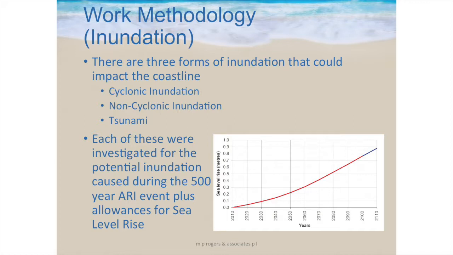But when we consider tsunamis, the work that we've seen really indicates that tsunamis and their impact on Geraldton are beyond the 500-year average recurrence interval event and therefore aren't really the dominant feature in terms of inundation. So when we look at all of these, we basically also have to consider what's happening to the sea level over the planning horizons that we're considering.